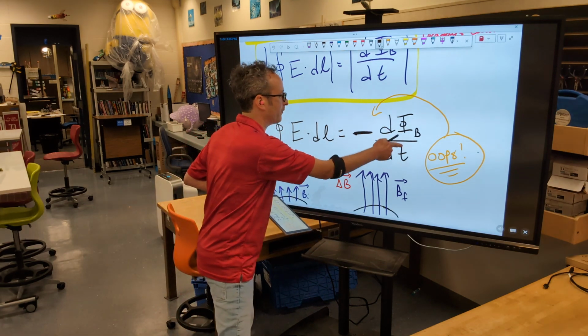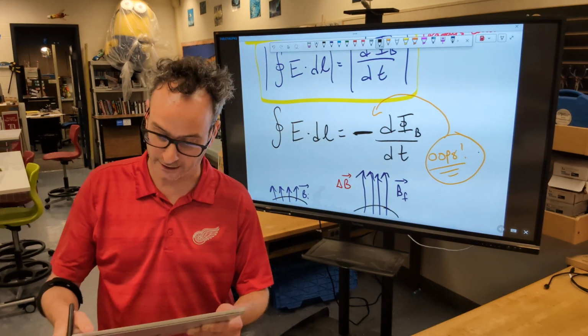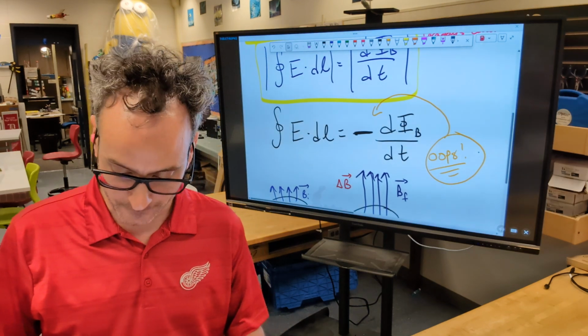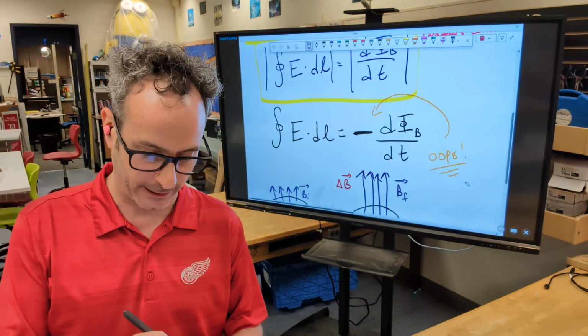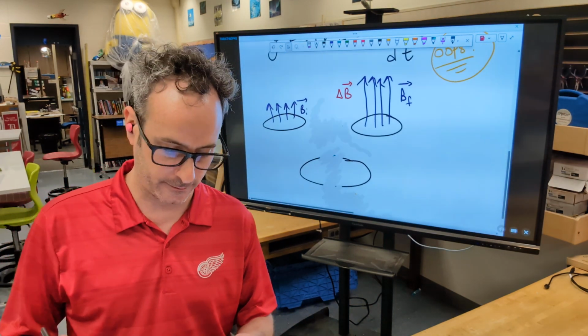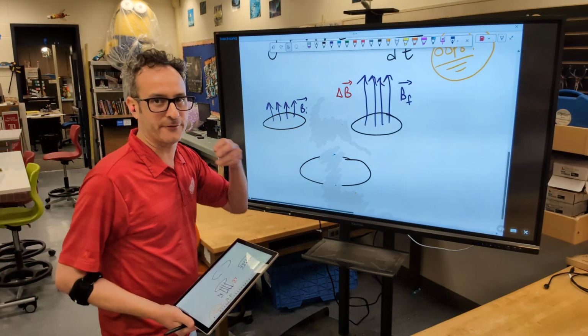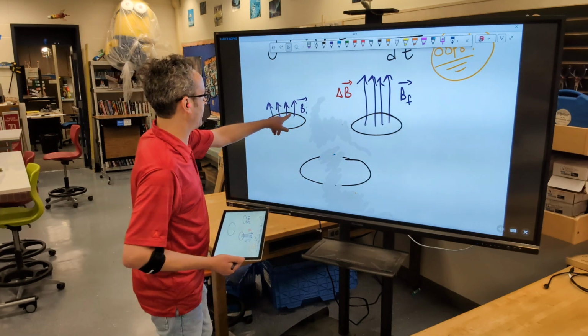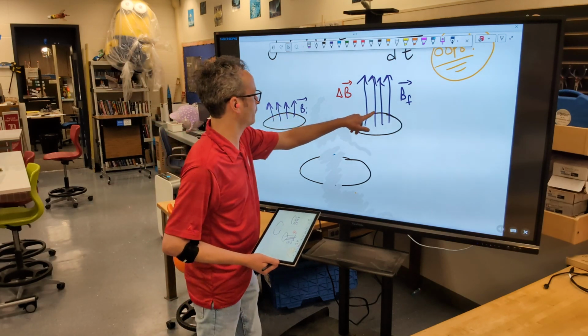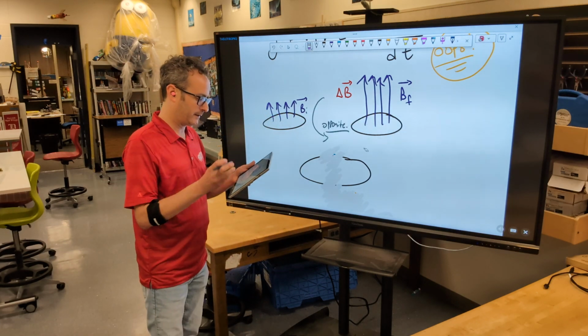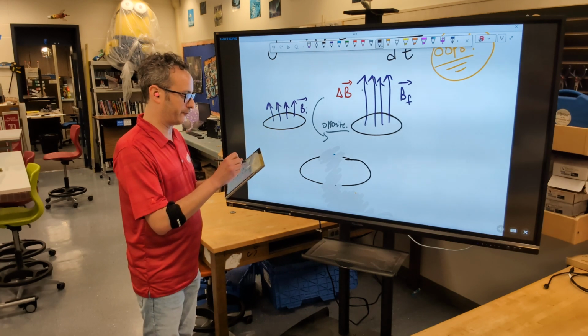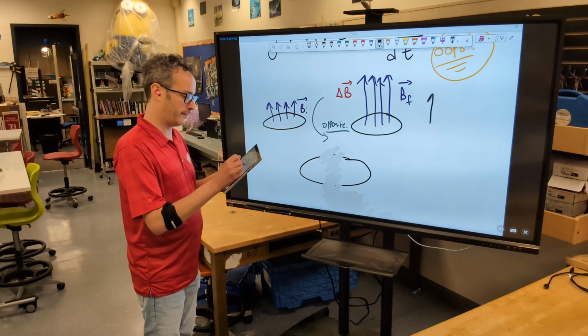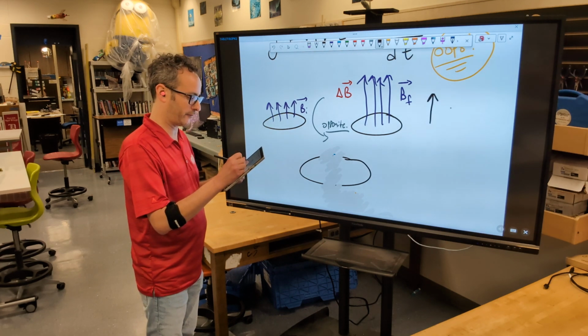If the change in flux is negative, it'll create a positive magnetic flux. So I've got an example here really quickly. I tend to say magnetic field instead of flux, but truly I mean flux. So imagine I have a small magnetic field and it goes to a big magnetic field, the change in flux, or the change in magnetic field, points this way.